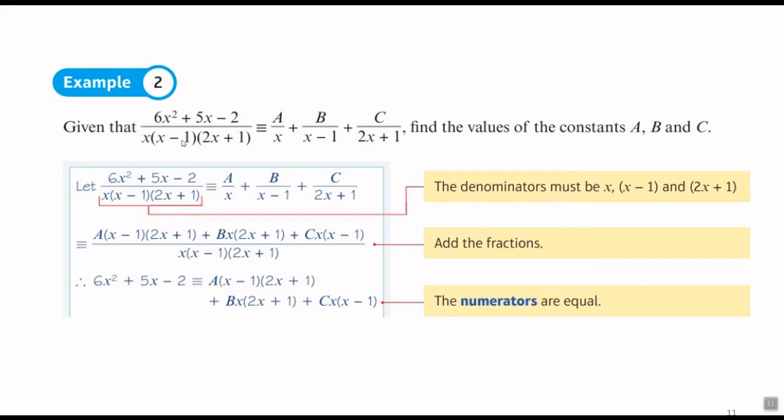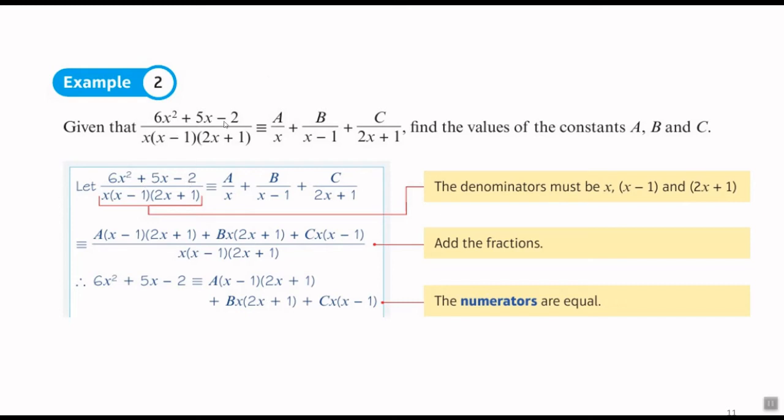Right? So to make this common denominator, this a you need to multiply by the other two factors. For b, x minus 1 is there, so you need to multiply by x and 2x plus 1. For c, 2x plus 1 is there, so you need to multiply both numerator and denominator by x times x minus 1. So then you will get the common denominator. Then take it into one line, and write the numerator like this. So you can equate numerators.